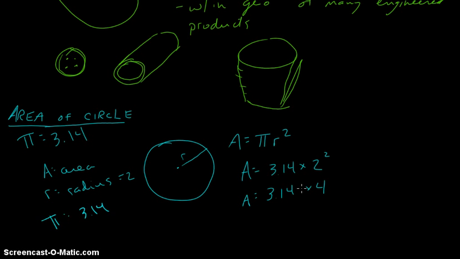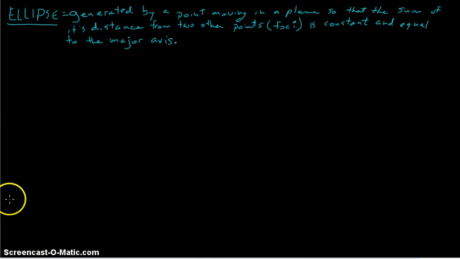And 3.14 times 4 equals my area for this circle with a radius of 2 would equal 12.56. Now let's just say that it was in inches. So that is how we find the area of a circle.